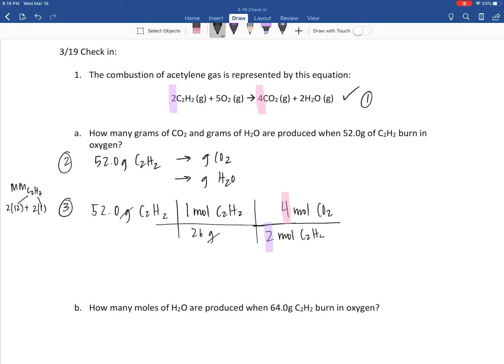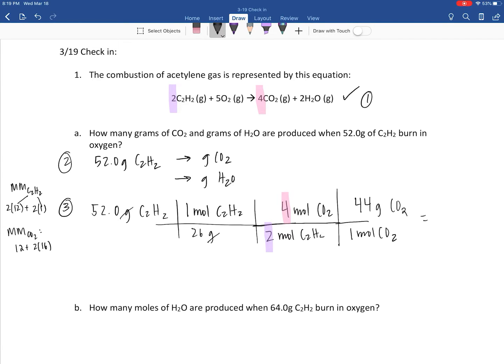So now I'm at moles of CO2, and I want to get to grams of CO2. So 1 mole of CO2, and I need the molar mass of CO2, which is 12 plus 2 times 16.